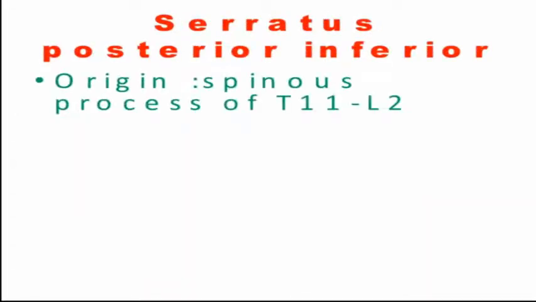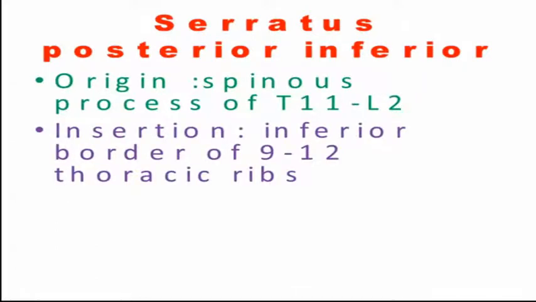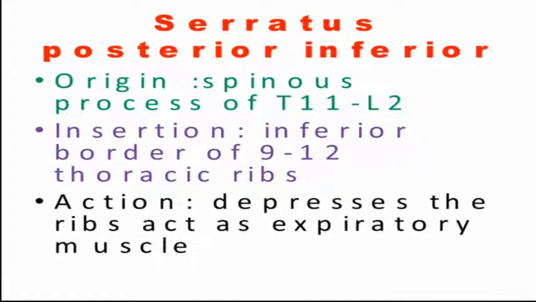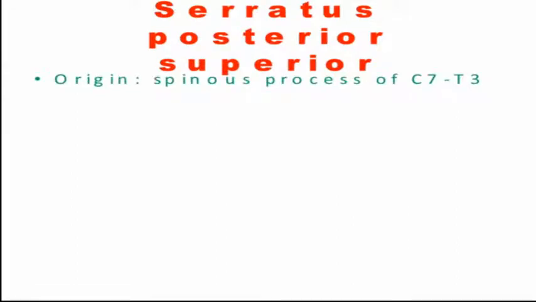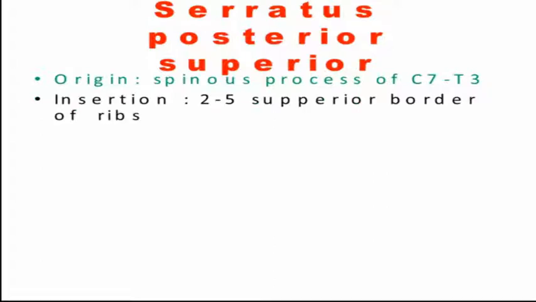Serratus posterior inferior originates from T11 to L2, and it inserts on the 9th to 12th ribs, while its action is depression of the ribs, as it acts as an expiratory muscle, because it is found on the inferior side, that's why it depresses the ribs. In contrast, the serratus posterior superior originates from the spinous processes of C7 to T3 vertebrae, and it inserts on the superior border of ribs 2 to 5.